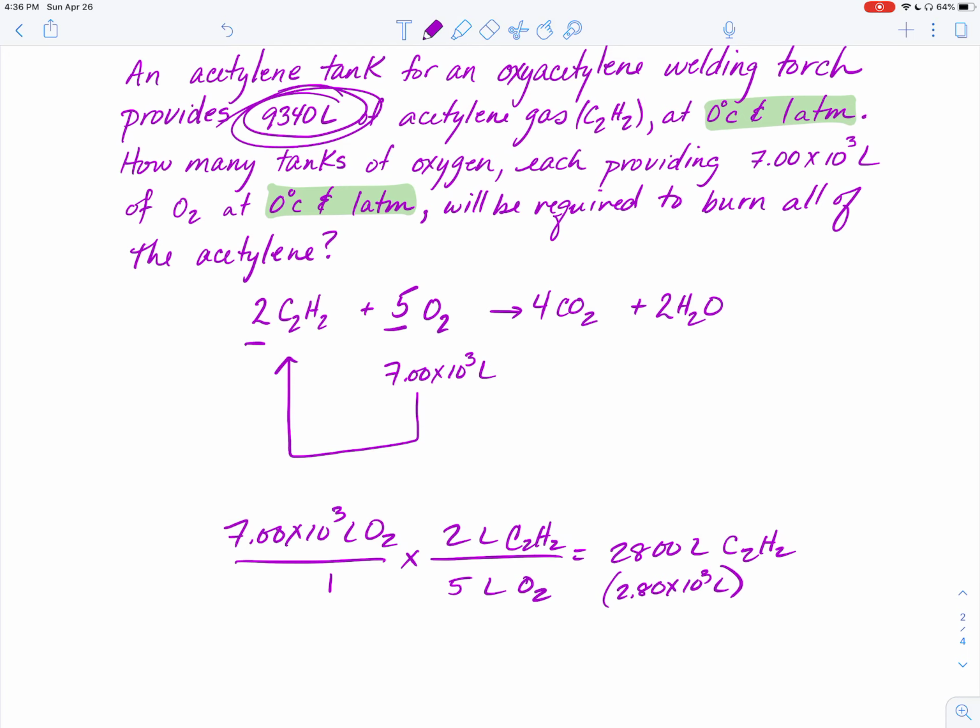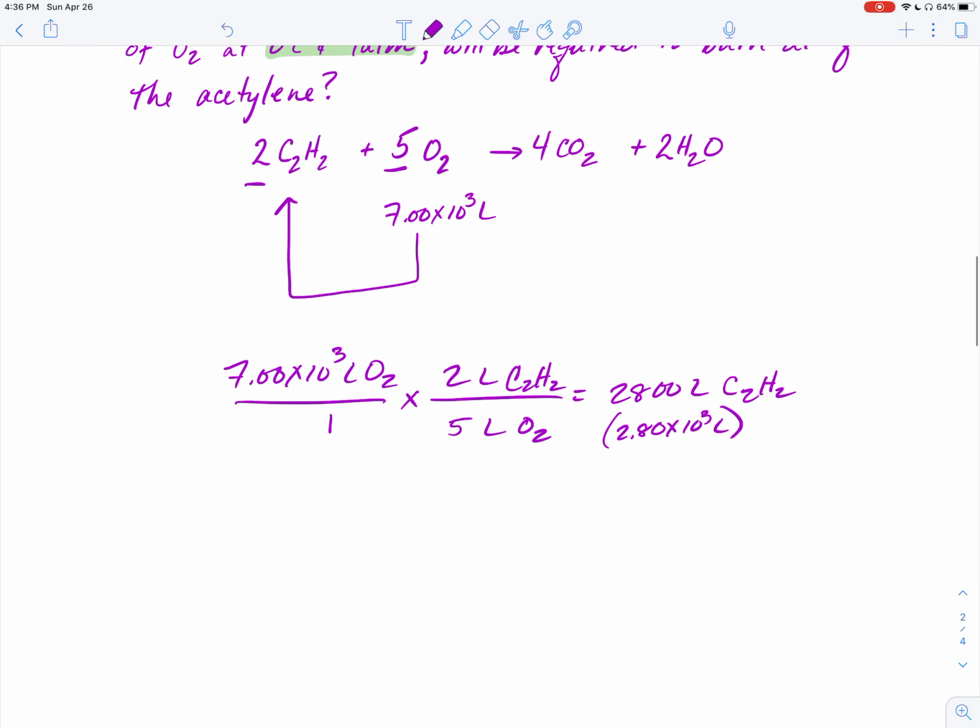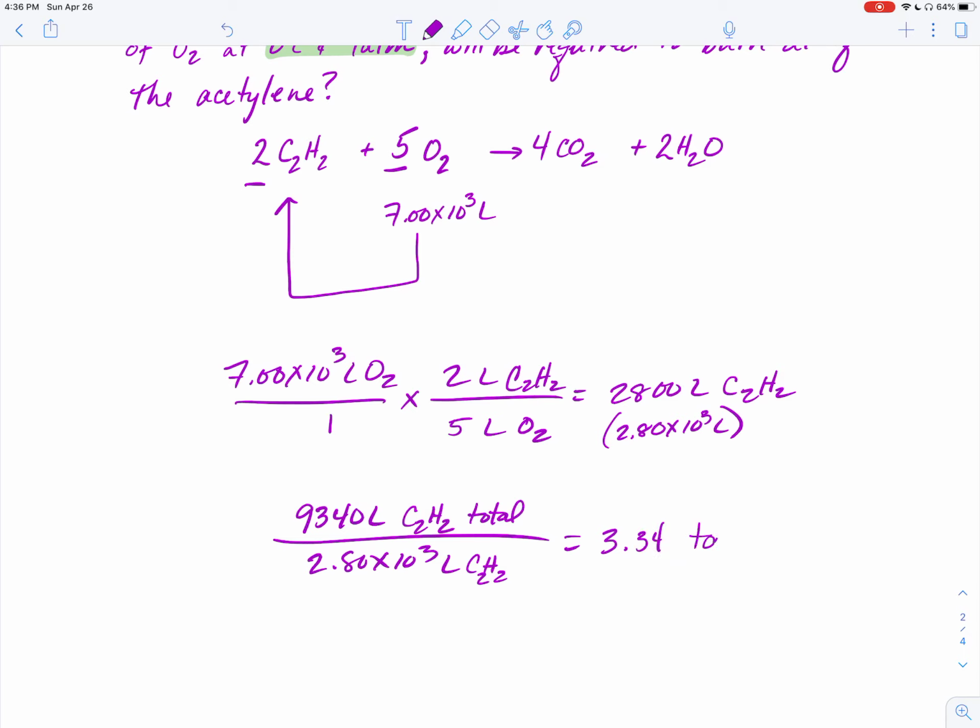Now we divide the total amount of acetylene in the tank by that value, and that gives us, to 3 significant figures, 3.34 tanks of O2.